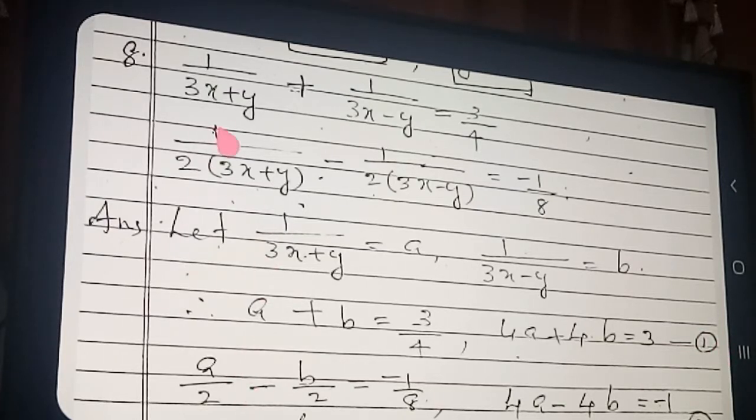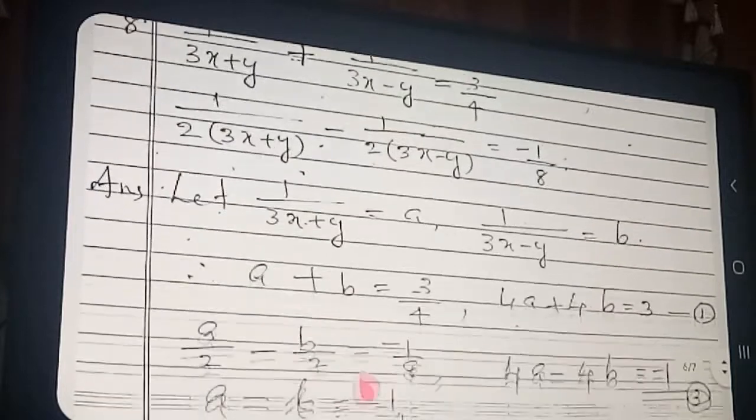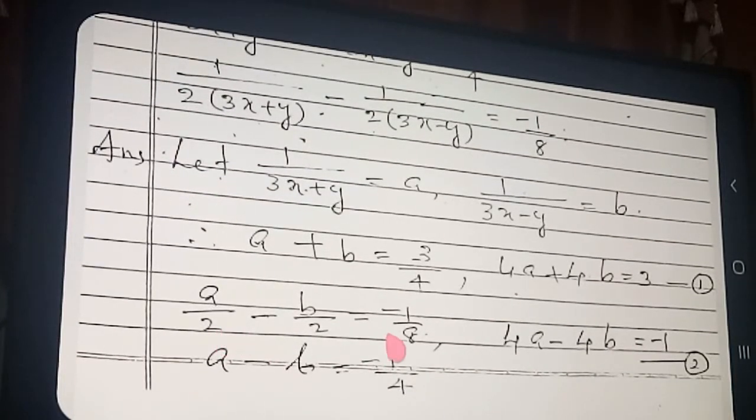Same way here. Here you see this 1 by 3x plus y together you are taking as A. So what will come? A by 2, 2 is in the denominator only always. Minus here B by 2 is equal to how much coming? Minus 1 by 8. Okay. So here you see, denominator throughout 2 is common, so you cancel throughout.